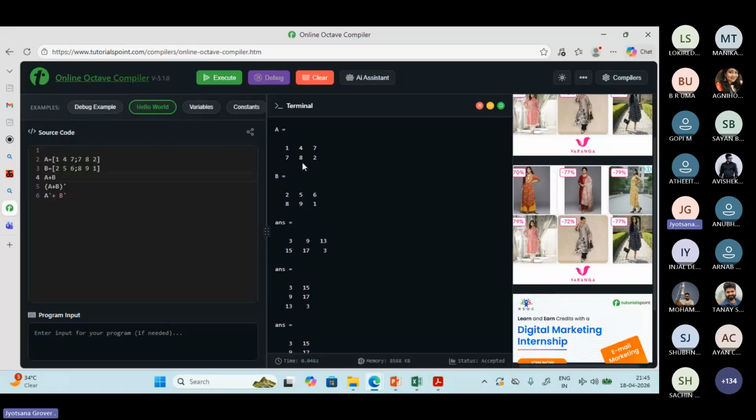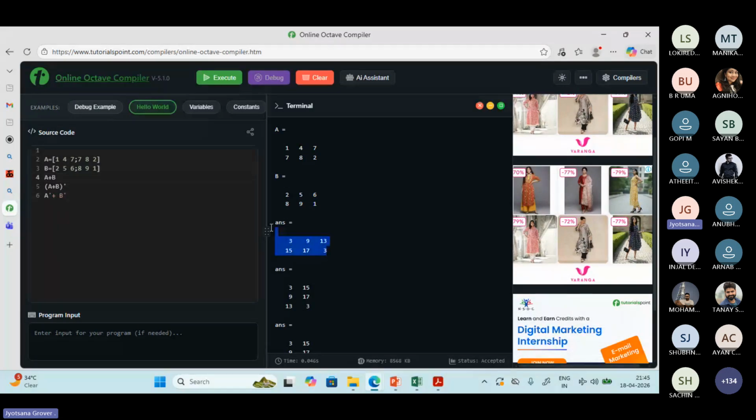See, this is A, this is B. You add 1 plus 2 is 3. 4 plus 5 is 9. 7 plus 6 is 13. 7 plus 8 is 15. 8 plus 9 is 17. 2 plus 1 is 3. Okay, this is your A plus B.